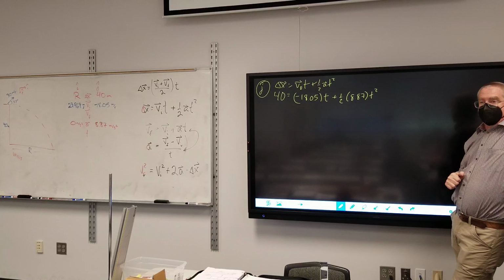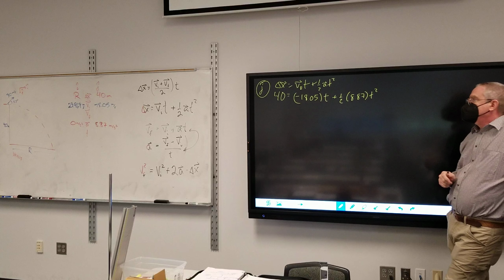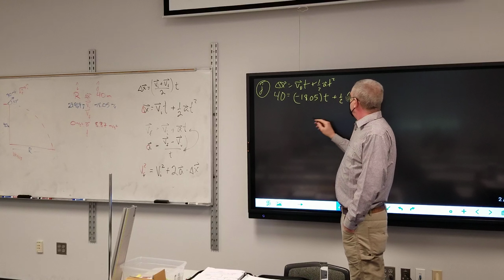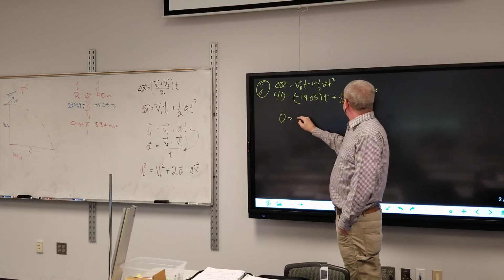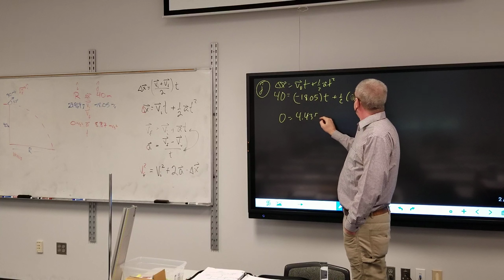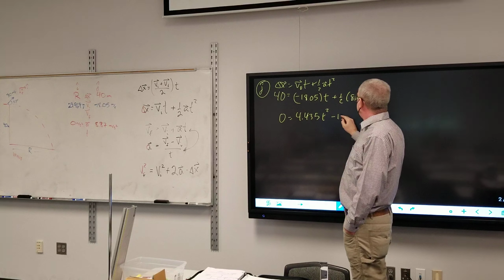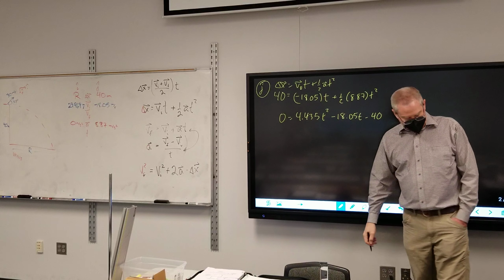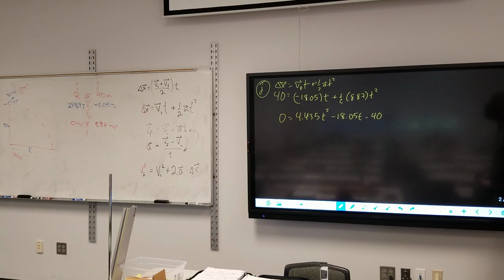I now have a quadratic equation. How do I solve it? We can first set it equal to 0, then quadratic formula. All right, so I've got 0 equals 4.435 t squared minus 18.05 t minus 40. Now what? Quadratic formula, yes.